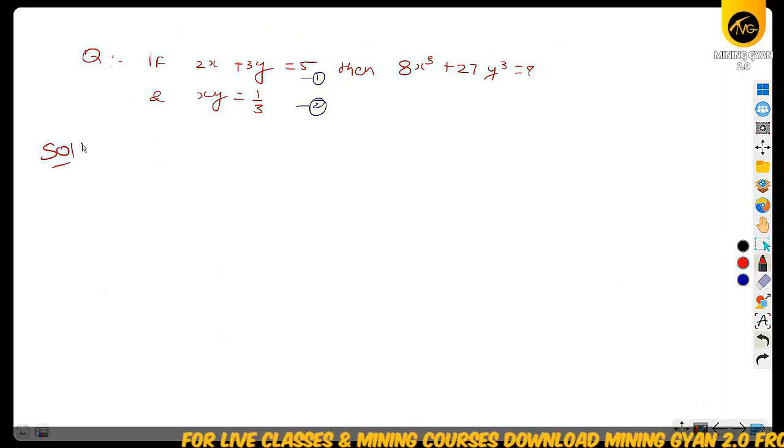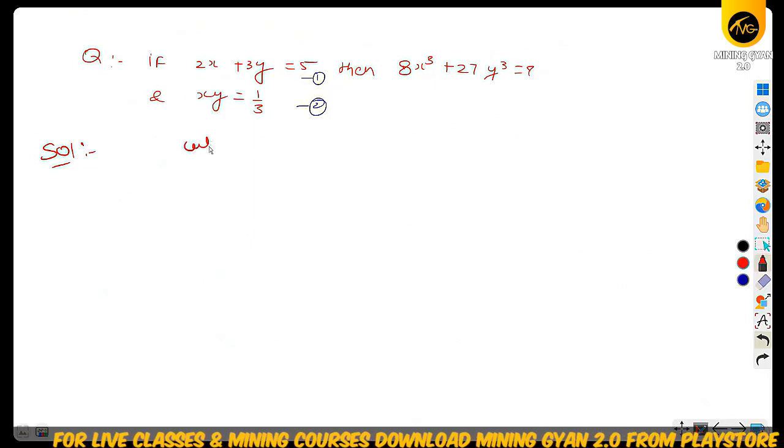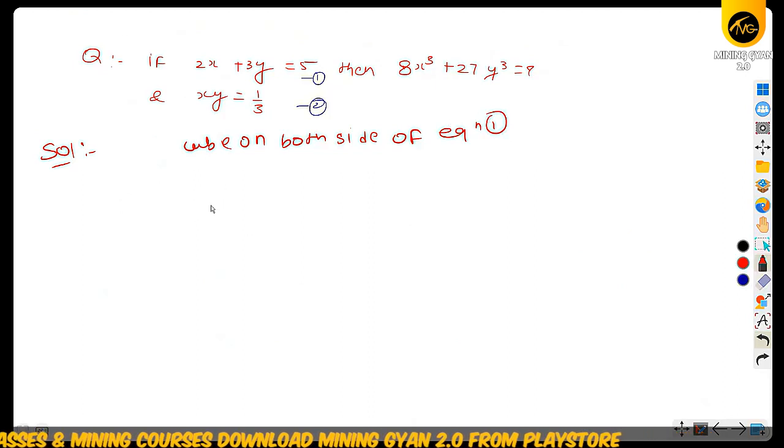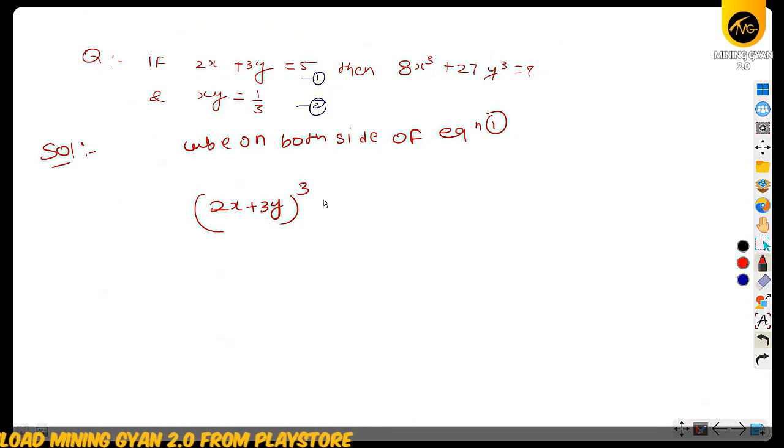We have to cube both sides of equation number 1. Now 2x plus 3y whole cube is equal to 5 cube.